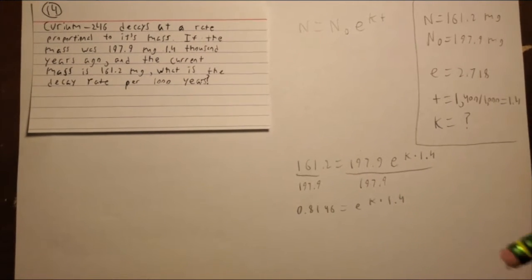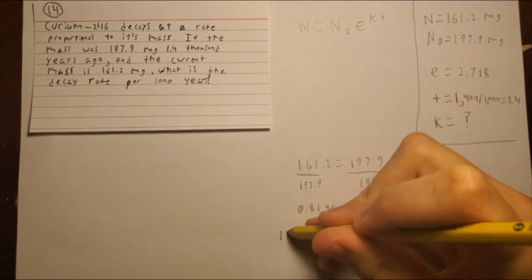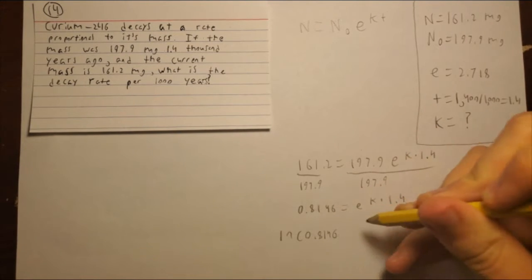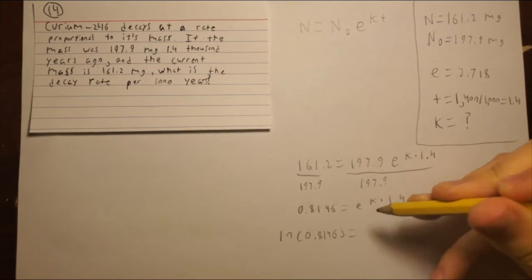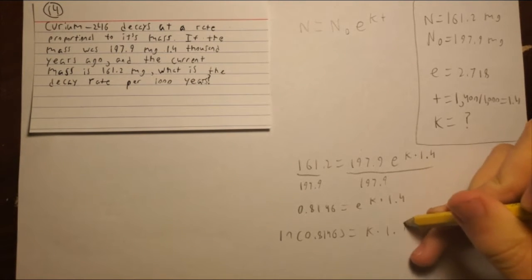Now, since we have that e here, what we can do with that e is take the natural log of both sides in order to get rid of that. So ln of 0.8146 is going to be equal to, getting rid of that e, k times 1.4.